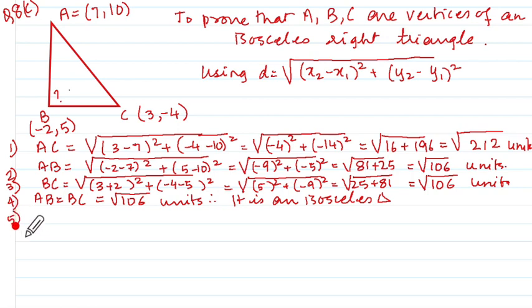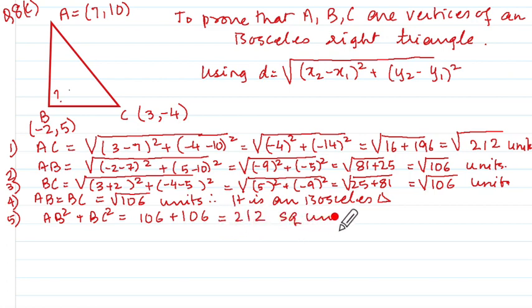And the fifth one, we will say AB square plus BC square is equal to 106 plus 106, which is 212 square units.